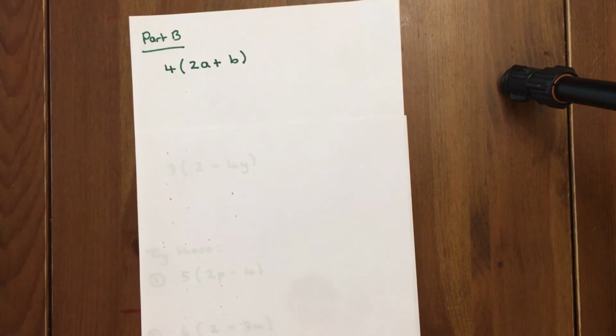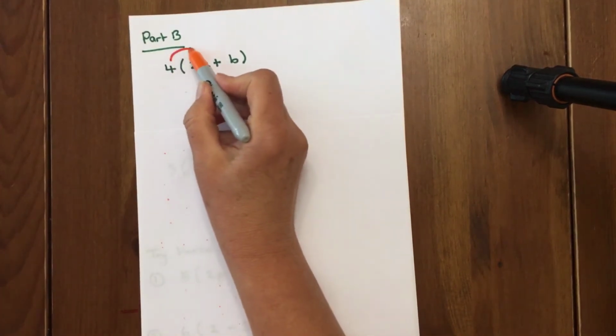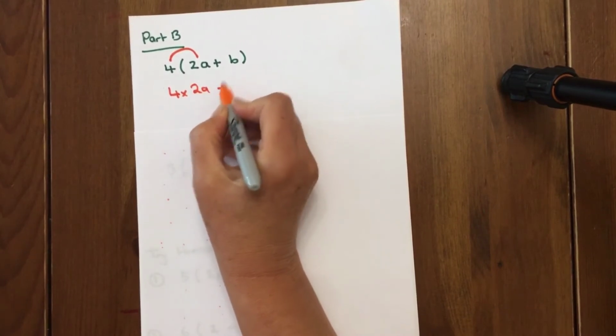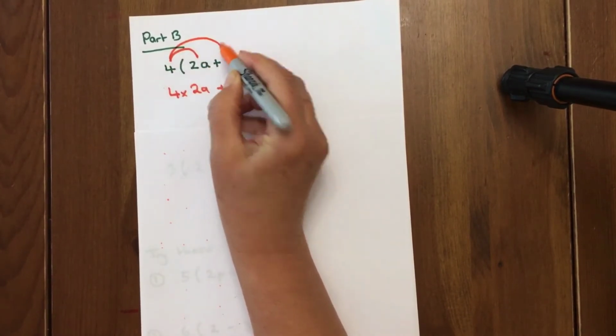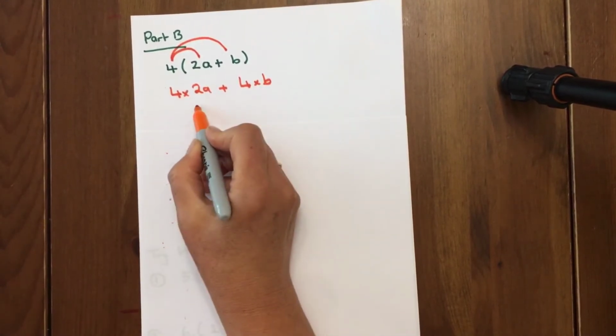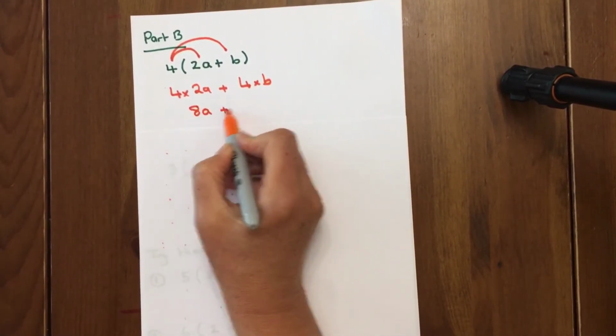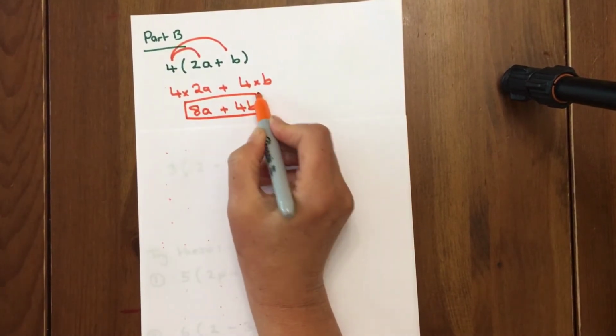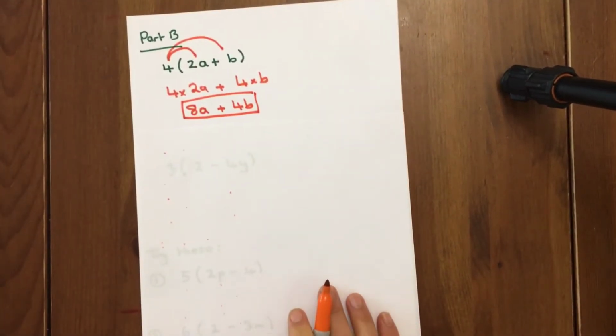So write this example in your book. 4 times 2a is what we're doing first, plus 4 times b. 4 lots of 2a is 8a, plus 4b, and there's my answer as an expression in terms of a and b.